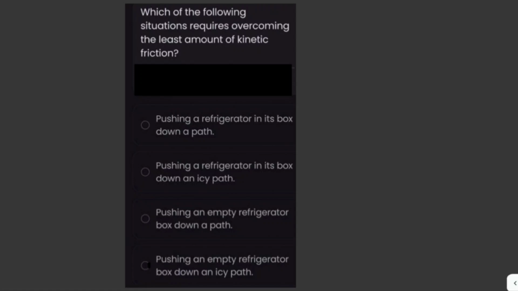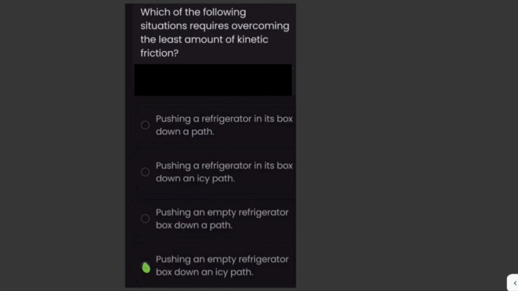The answer here is pushing an empty refrigerator box down an icy path, because this one requires overcoming the least amount of kinetic friction.